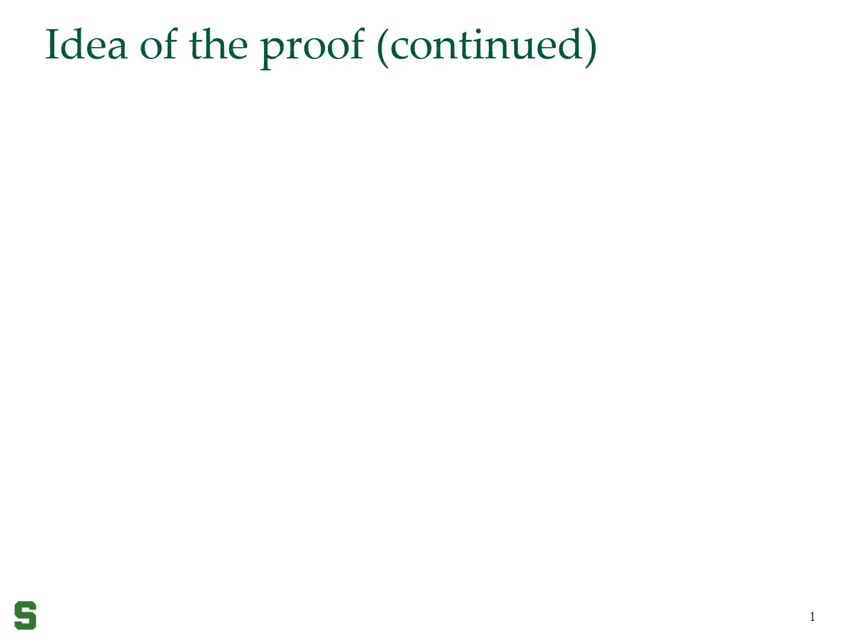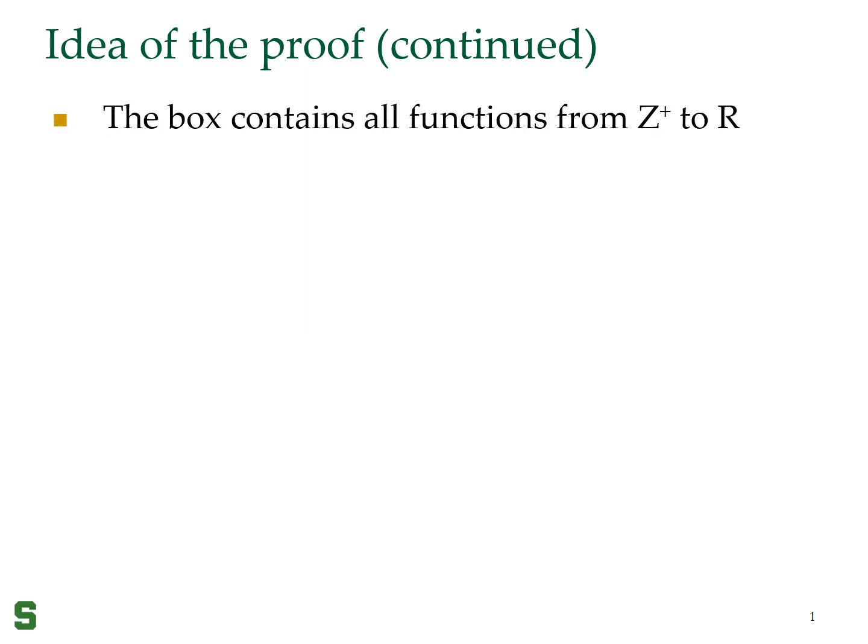Okay, so let's revisit what we did earlier and connect it to the proof that we wanted to do, which is that there is no bijection from Z plus to R. Now, what we did earlier was we said Alice had a box and she had to show that it does not contain a white paper with a blue dot.